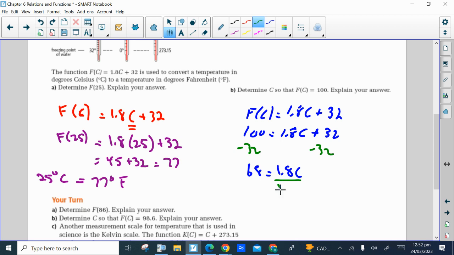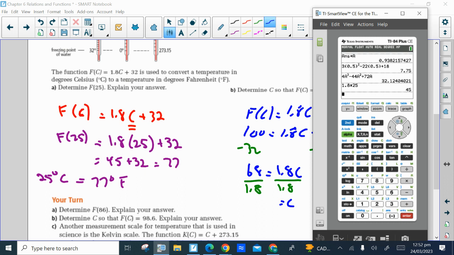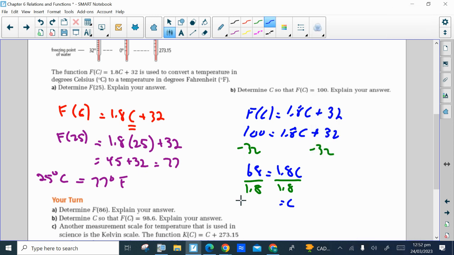And then to get C by itself, we would divide both sides by 1.8. On the left, 68 divided by 1.8 is 37.8 if we round it.